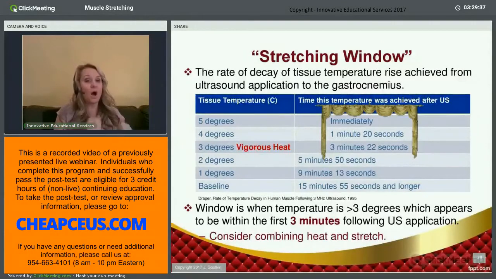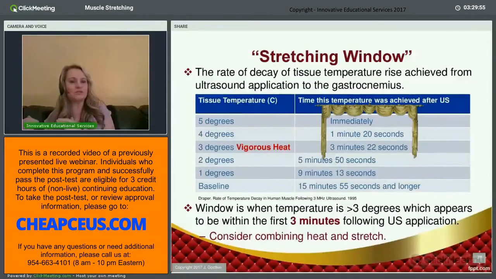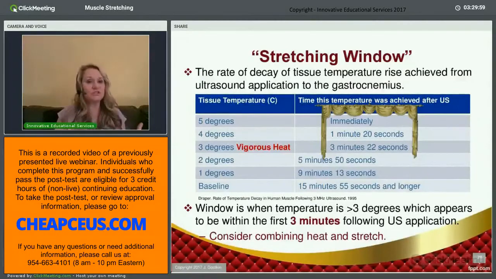So your stretching really should be combined while you're applying your heating modality. And if you can't do that, you need to stretch immediately after removal of your heating modality, because that's when you're going to have the most benefit from your stretching. If you wait longer than that, the tissue temperature continues to decrease and you're not getting the most benefit.